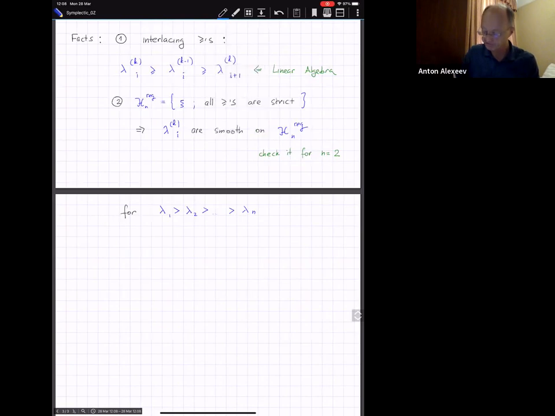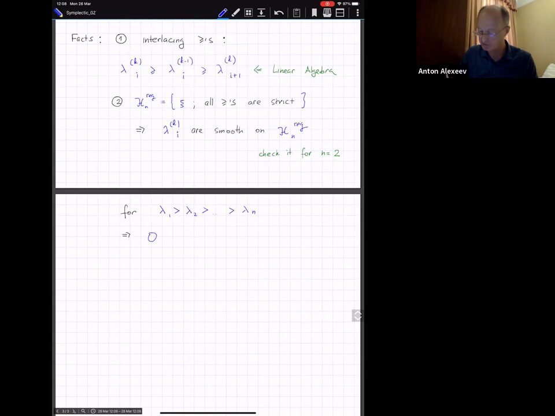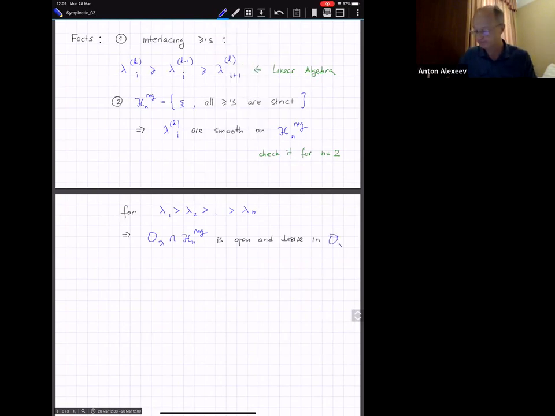Then it turns out that O lambda intersection with Hn reg is open and dense in O lambda. So it's a good subset.